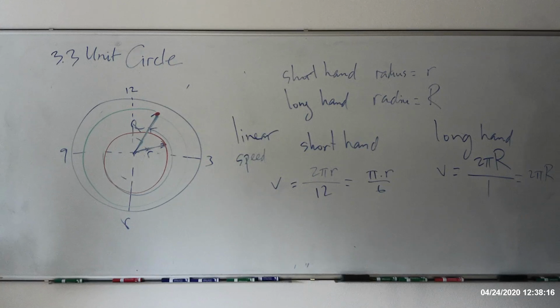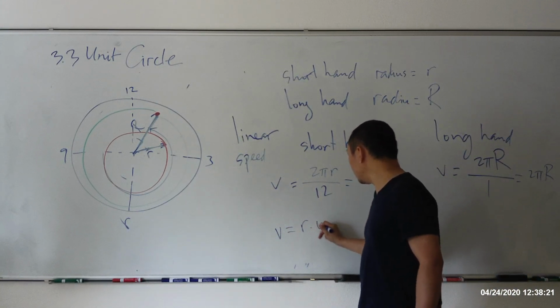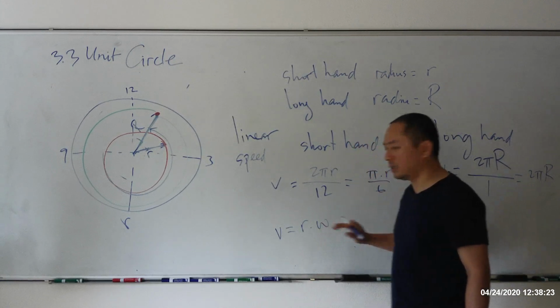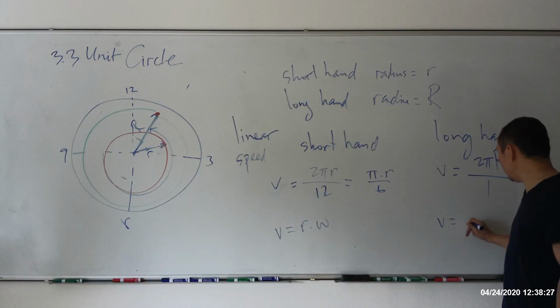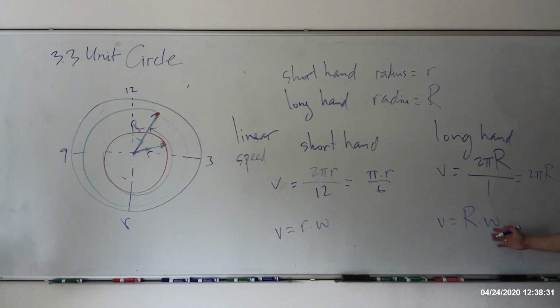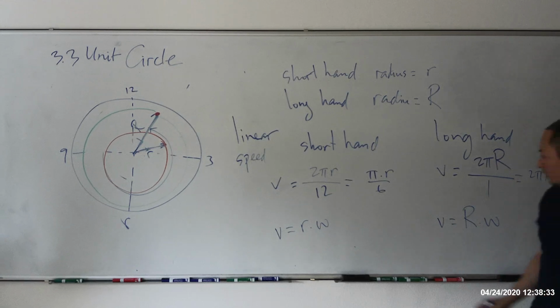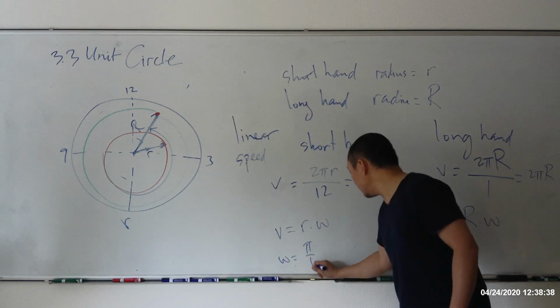Same thing here. And you see that this v right here is little r times omega, where omega is the angular speed for the short hand, and then this v here is capital R times omega, where omega is the angular speed of the long hand. And you know that this omega in here is equal to pi over 6, right?